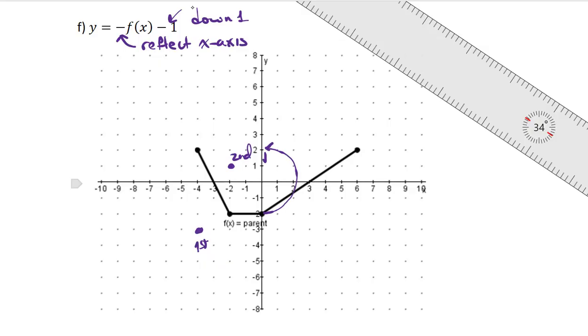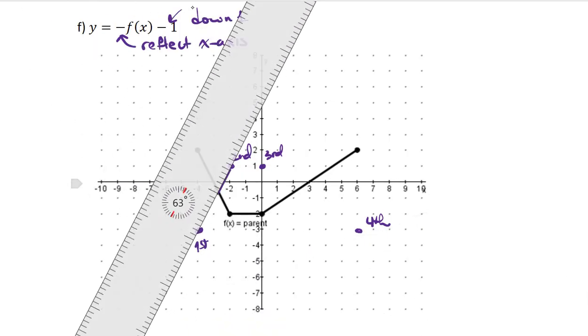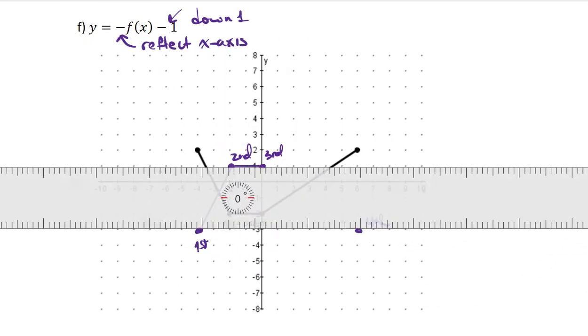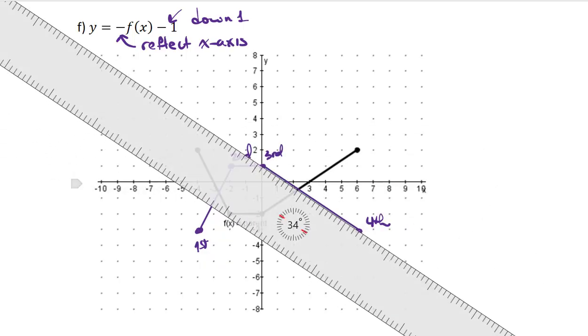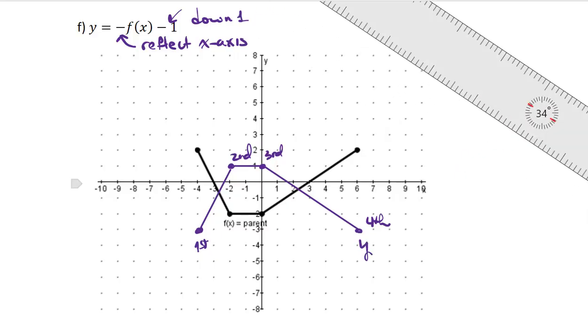Reflect along the x-axis, down by 1. That's our third. And our fourth. Reflect along the x-axis and then down by 1. Okay, so now connect them. And there's the graph of the equation defined on part F.